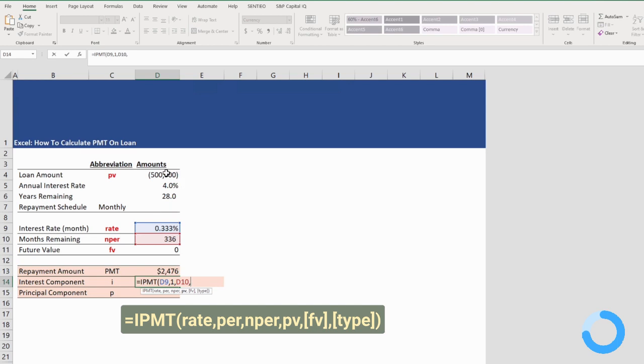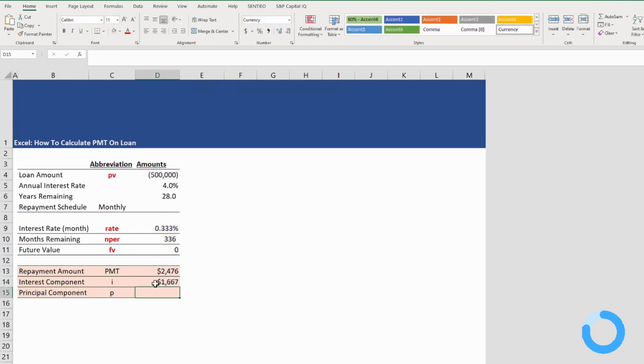Present value, that's the loan amount. Future value, again, I don't need to put this in, but I'm going to. And type, to remain consistent with what I wrote up here, which the assumption was that it's at the end of the period, I'm just going to put in at the end of the period once again. And there we have it. Our interest component of that repayment amount is $1,667.